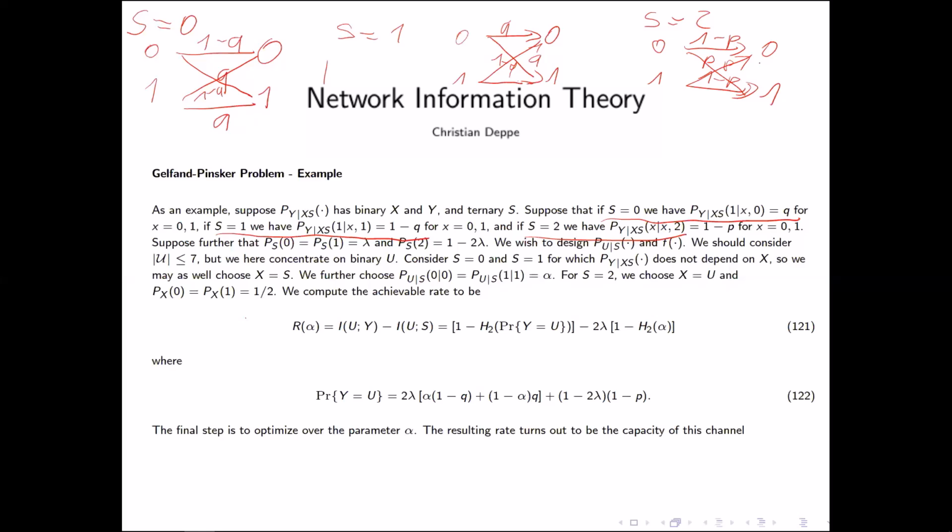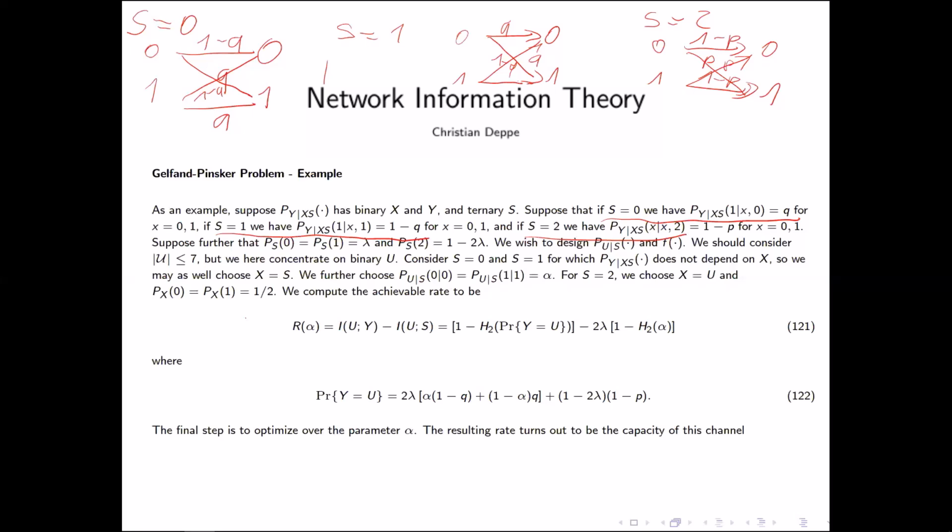So therefore, we now have two ideas, so we act differently. First, we assume that for the state sequence, P_S(0) and P_S(1) are equal to lambda. Then, of course, P_S(2) is equal to 1 minus 2 lambda. Now we consider a binary u.